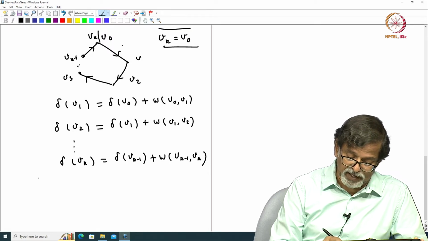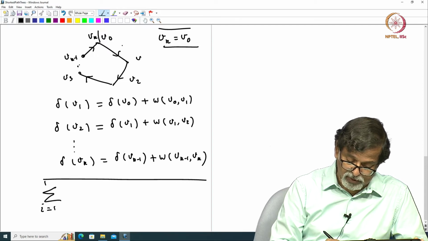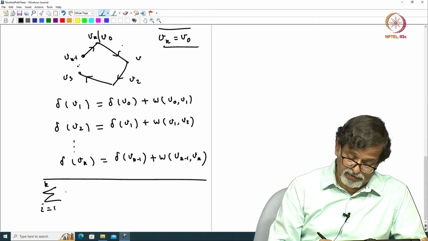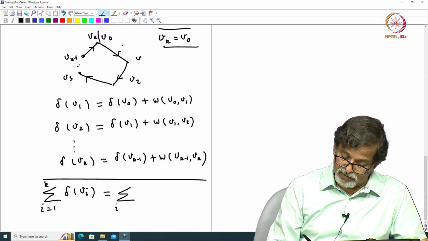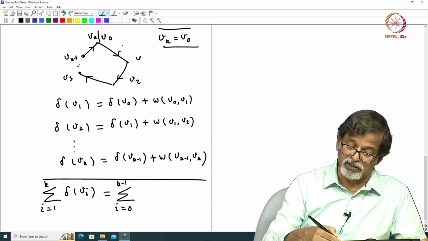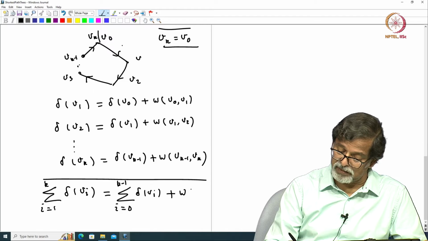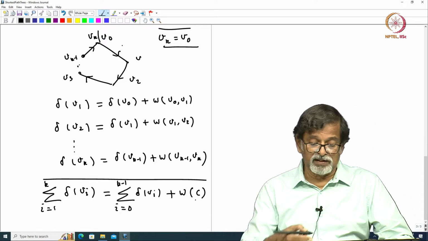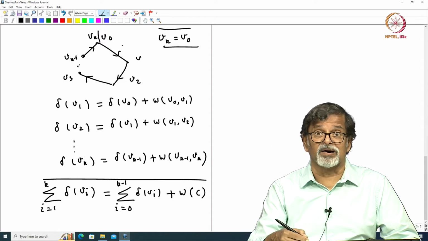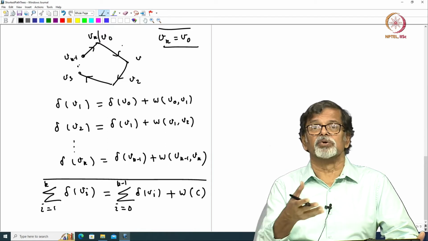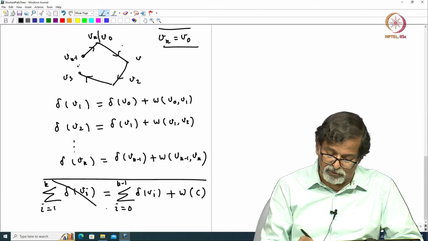So, adding, you get sigma i equal to 1 to k of delta Vi is equal to sigma i equal to 0 to k minus 1 of delta Vi plus weight of the cycle C. All the edges of the cycle are listed here, their weights are added, so you get the weight of the cycle there. But these two terms are equal, therefore, you can cancel them.